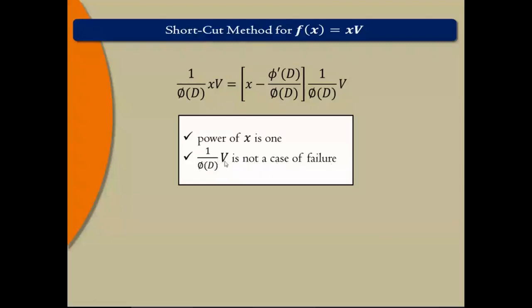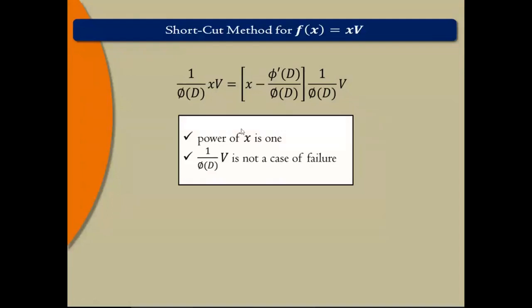Or if you have sine of ax plus b, then we replace D square by minus a square, if it is non-zero. If it becomes 0, that is called a case of failure. So by using the corresponding shortcut method for this function, if the denominator becomes 0, then that is a case of failure, and we should not have that case. Then only we can use this formula for x into v.